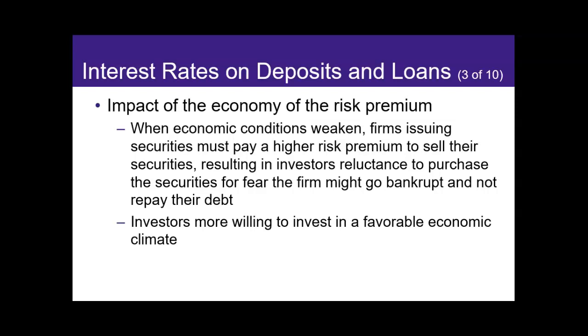Now remember that the percent over the rate you could get from a government security is known as the risk premium. Now the companies that are issuing these securities, such as a bond, must pay a higher risk premium to sell their securities when the economy is in a weakened condition.